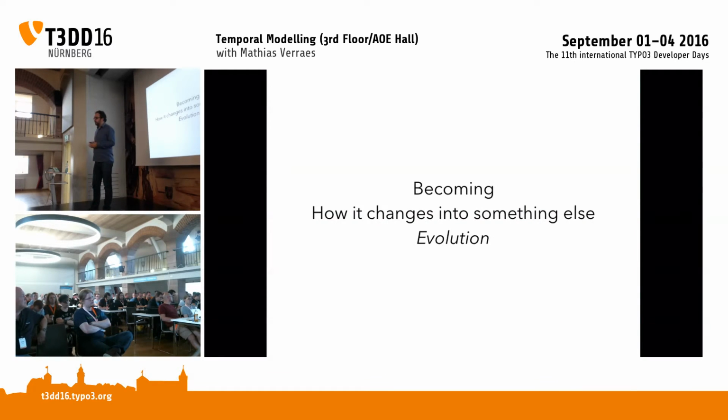And then the third B, the becoming, is when the system fundamentally changes. So how this system becomes something else, right? It's the evolution of the system. It can be the learning of the system. How does this system from inputs not just react to them, but also changes itself over time?